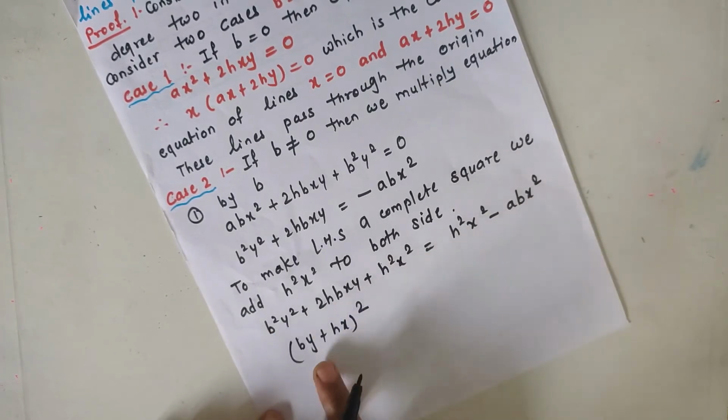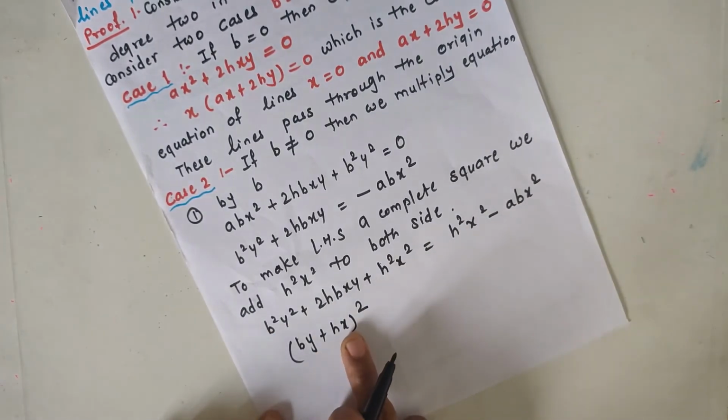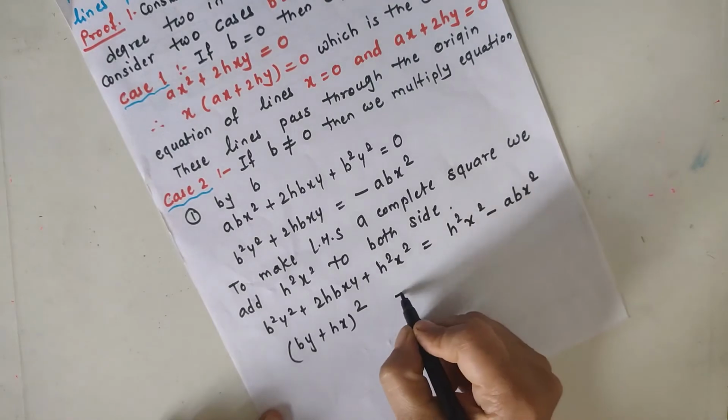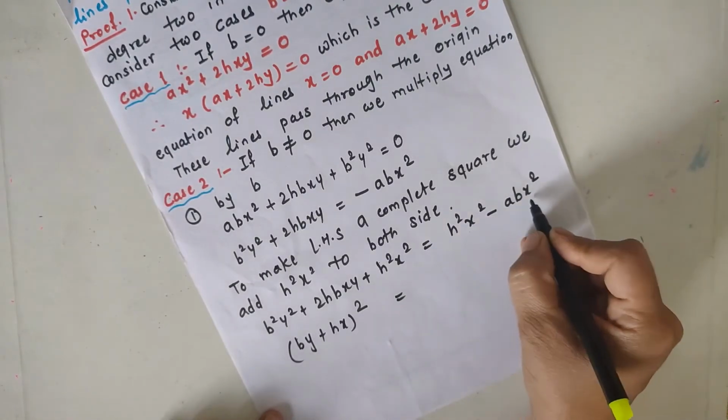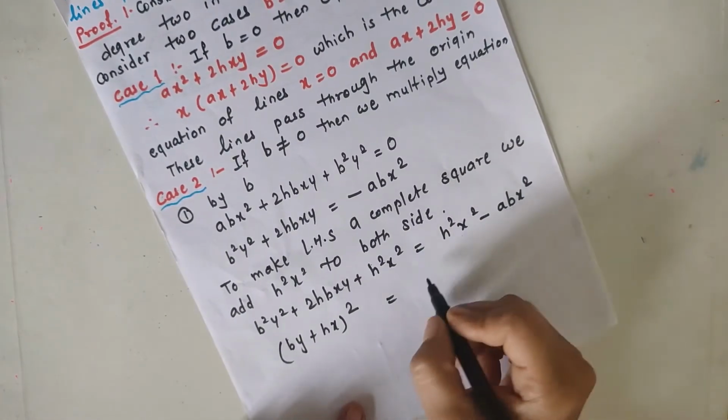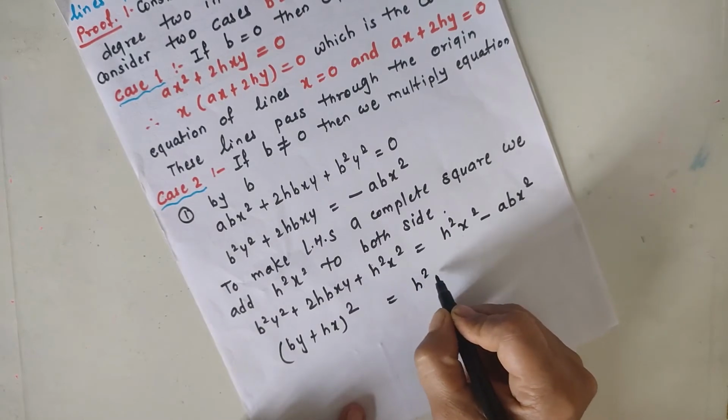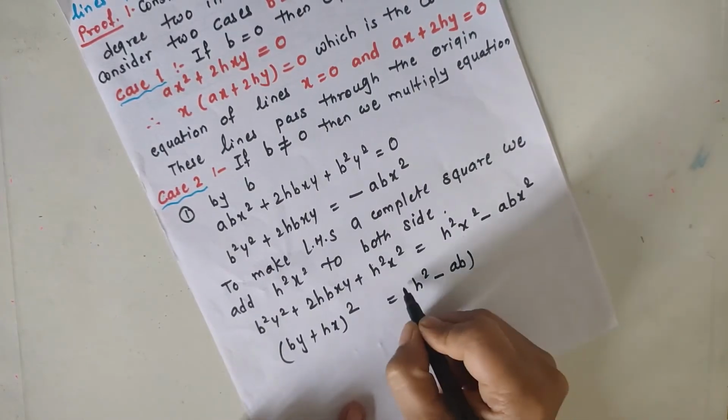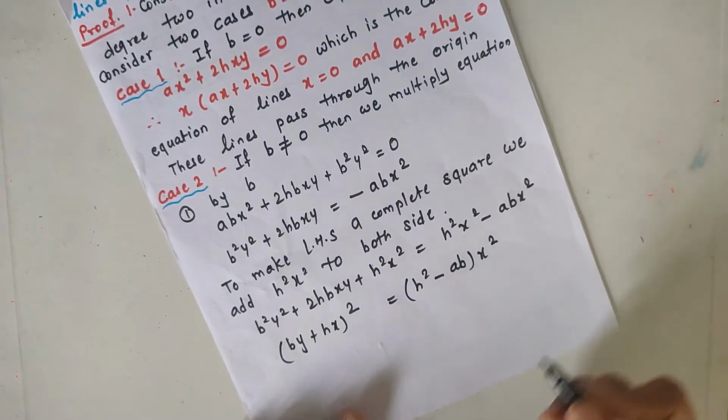This is the expansion of (by plus hx) bracket square is equal to, here x square is common, so taking x square as common, we get (h square minus ab) into x square.